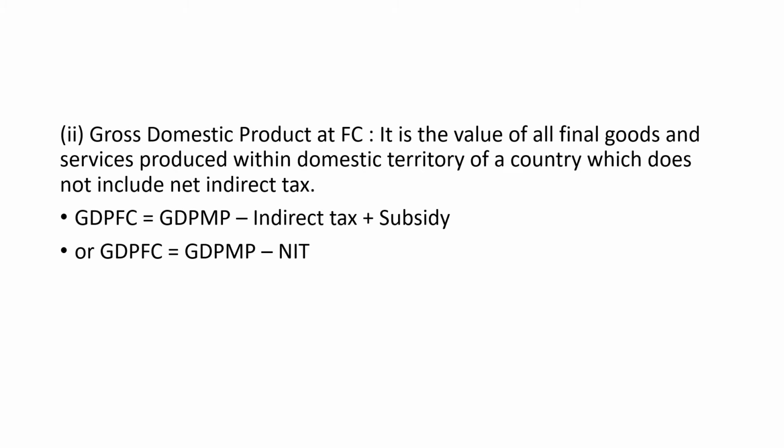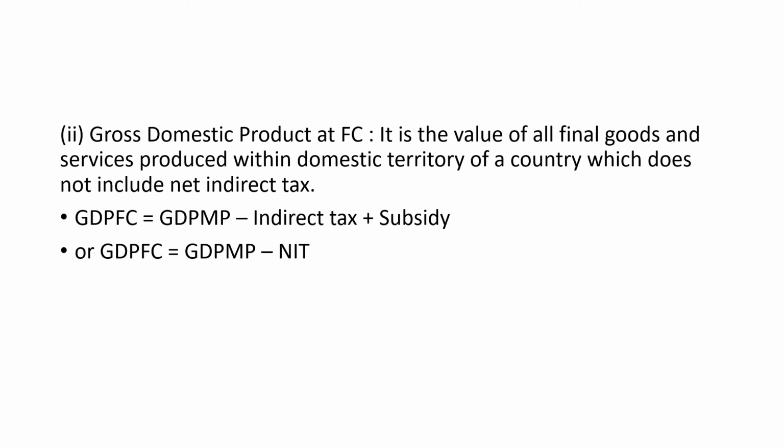Then we have gross domestic product at factor cost. Here the main difference is that earlier we had considered market price, now we have considered factor cost. Earlier we had added net indirect tax, now we have to deduct net indirect tax. So it is the value of all the final goods and services produced within the domestic territory of a country which does not include net indirect tax.